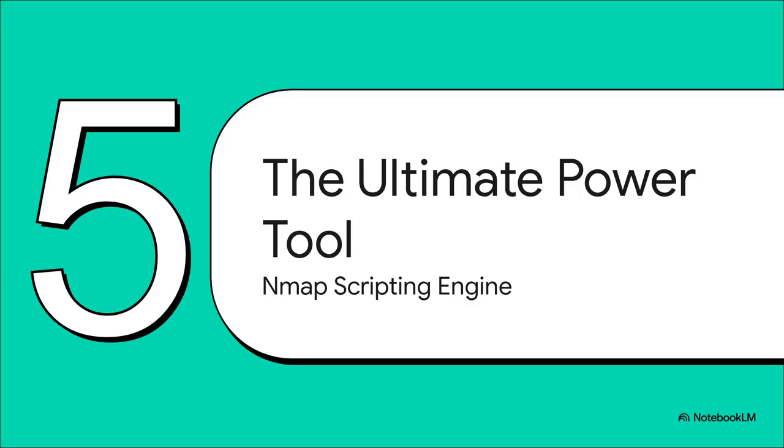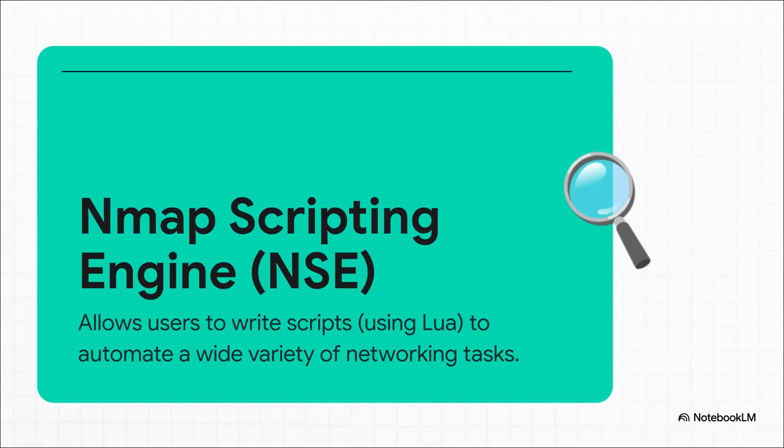Okay, so if the scans we've talked about are Nmap's standard features, then the Nmap scripting engine, or NSE, is what takes it from being a great tool to an absolutely legendary one. This is where things get really wild. The NSE is basically a framework that lets users write their own little scripts to automate, well, almost anything you can think of.